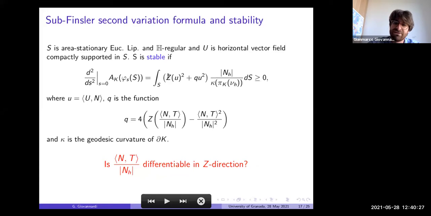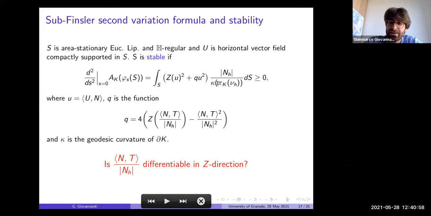So these are the derivatives only in the direction of the characteristic curve. And we have also this function in front of the u squared. u is the normal component of the variational vector field. And the function Q is given by this function, where we have the derivative of n against the vector field T over the norm of nh, minus the square of this function.